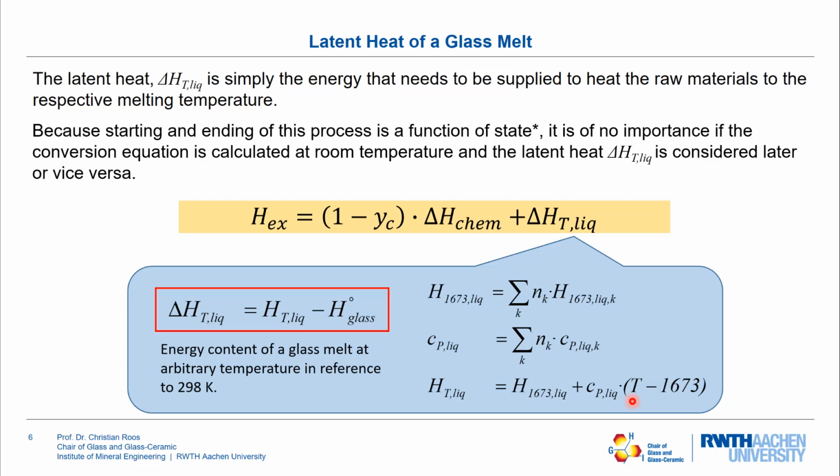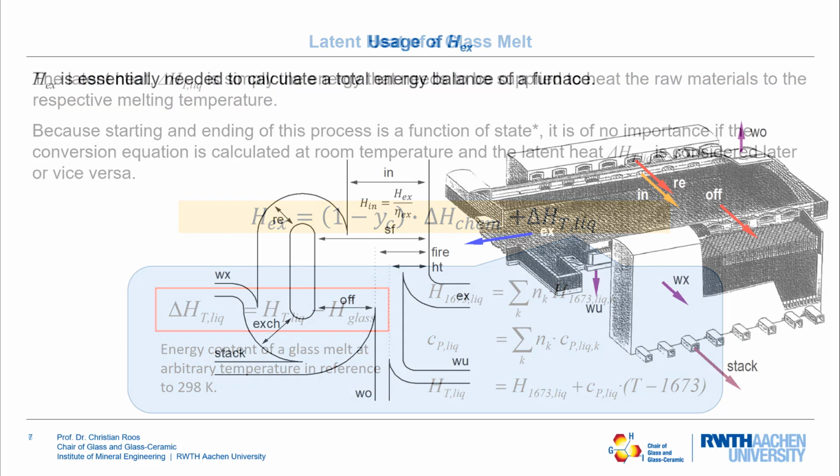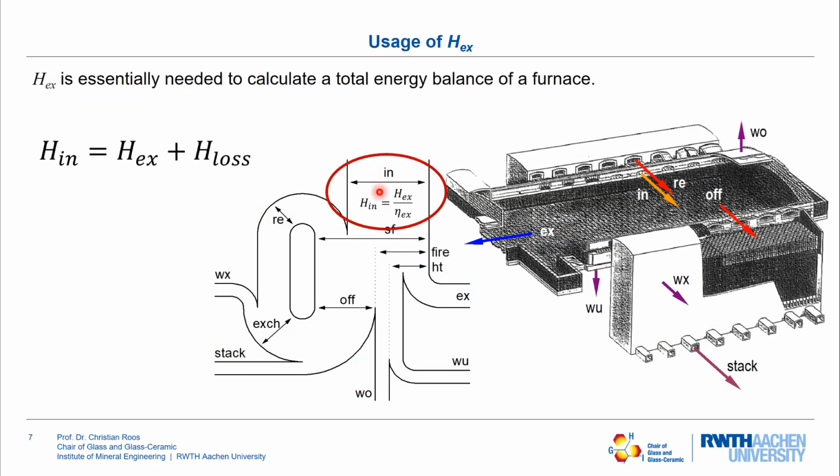And now, by bringing these two equations from this slide and from the previous slide together, we can calculate the exploited heat in a furnace, which is the theoretical heat that is needed, as mentioned before, to transform the batch materials into a glass.